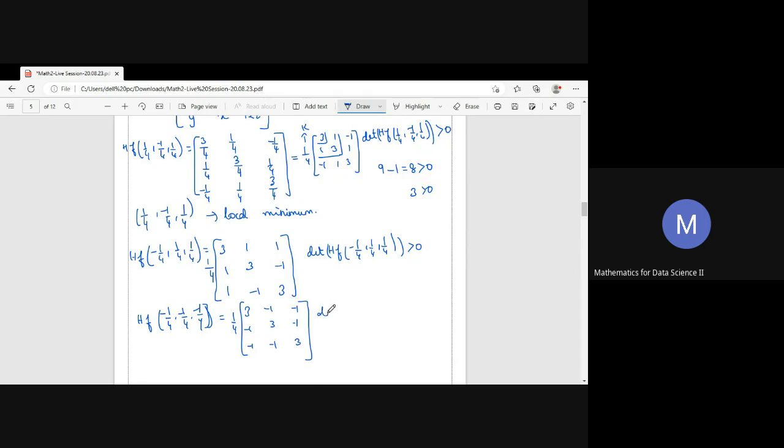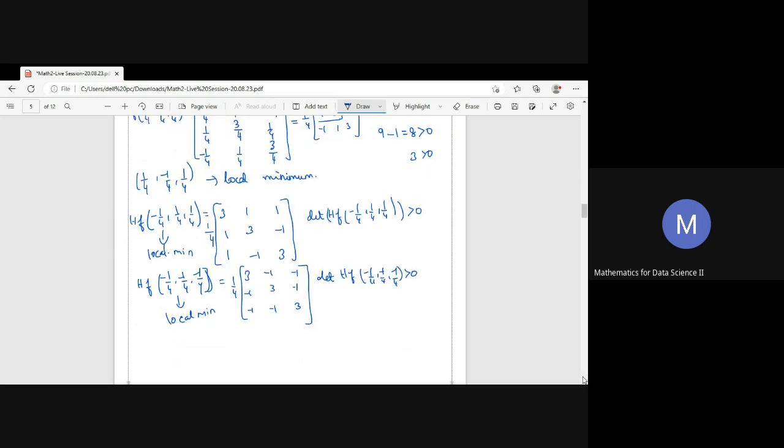So the determinant of Hf of (-1/4, -1/4, -1/4) is again positive. And for this matrix, it is still 9 minus 1, which is 8. Again, it is positive, and this value is again positive. So you see it is also a local minimum. This is also a local minimum.